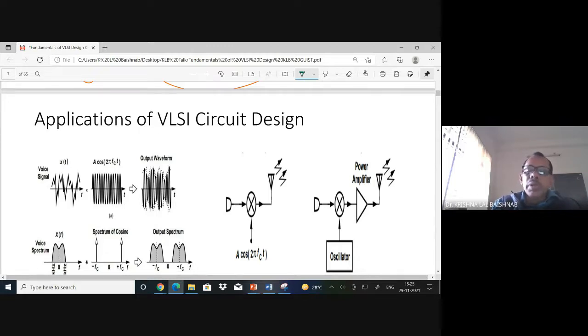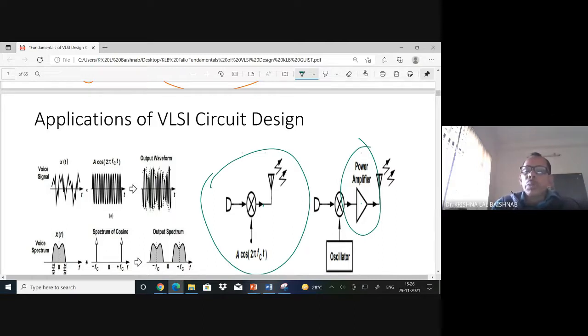This part that I am showing you is a transmitter, and this is also a transmitter; both are transmitters. But here they are showing a driver, and there no driver. Without a driver it is not possible to drive an antenna, because the antenna has very low input impedance. So to drive low impedance, I need to design a power amplifier. Power amplifier design is also very challenging.